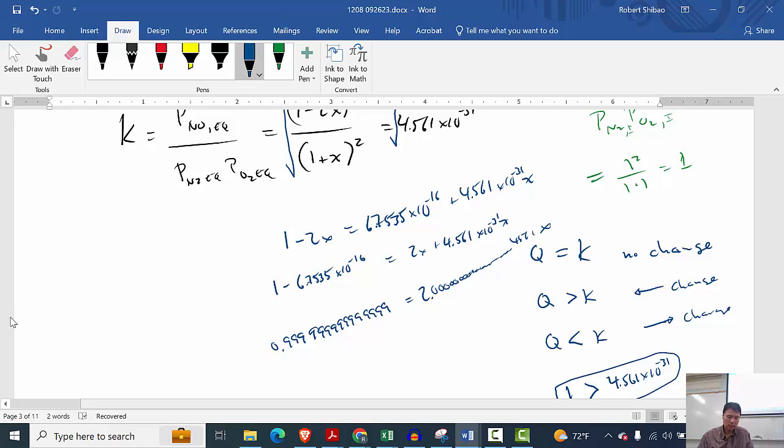Professor, at the top of those three equations, the 1 minus 2x equals 6.7535 times 10 to the negative 16. Plus, would it be plus the same value? Plus 6.7535 times 10 to the negative 16 x?